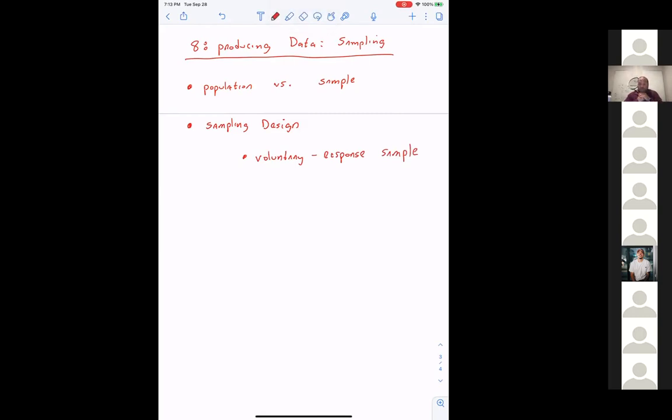When you send out a poll and people respond or don't respond, do we see why intuitively that might be called a voluntary response sample? Yes. Okay. What is the problem with a voluntary response sample? Not everyone does it. But who does it?